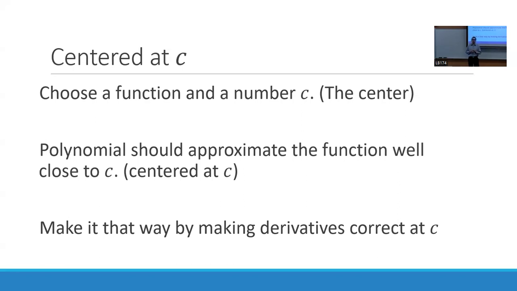So what we have to do is we have to choose a function and where we want to approximate that function. And we're going to build a polynomial that's going to look like that function around that point called the center. So we're going to approximate it near a number, we call that number the center. And we're going to build a polynomial which approximates the function pretty well around the center.